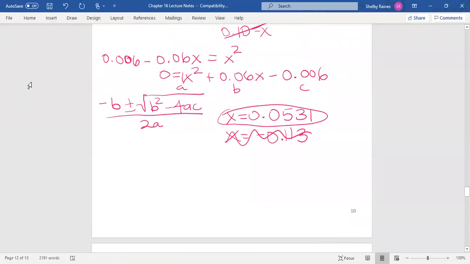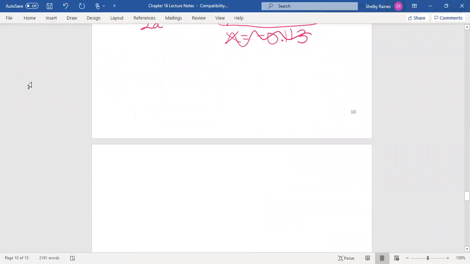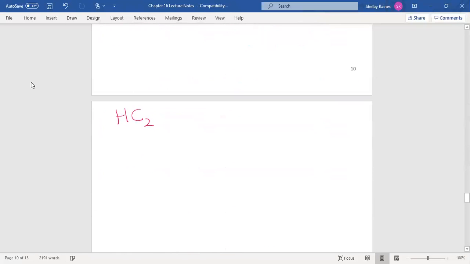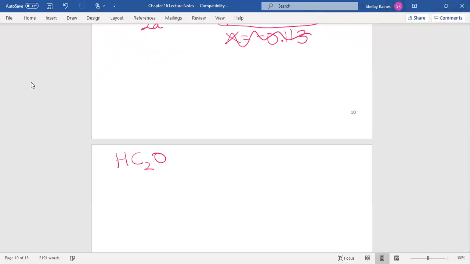Okay, so what I am going to do is go ahead and write out my second ionization. From the first ionization, H2C2O4, this is what I was left with. So now that is going to ionize again, giving off that last hydrogen.